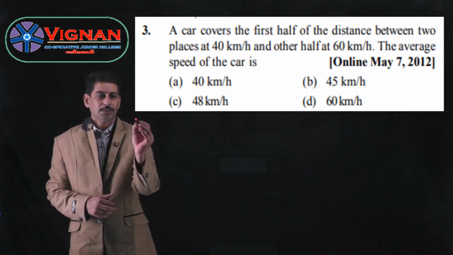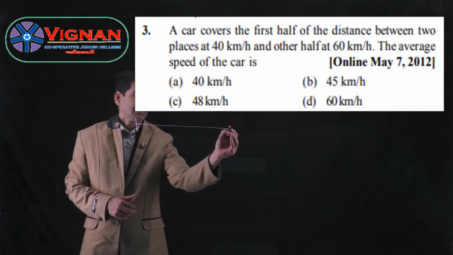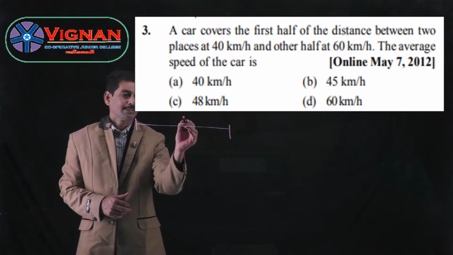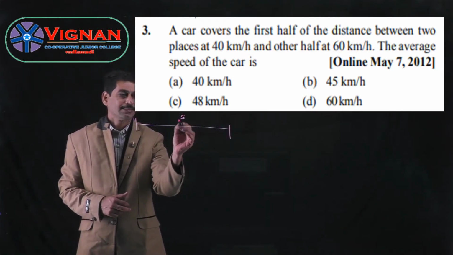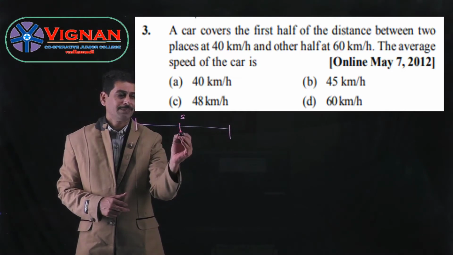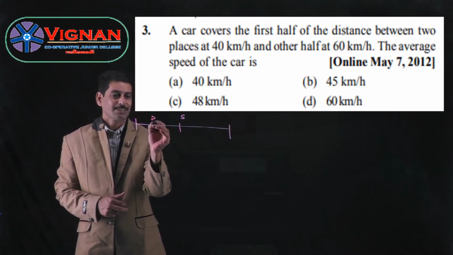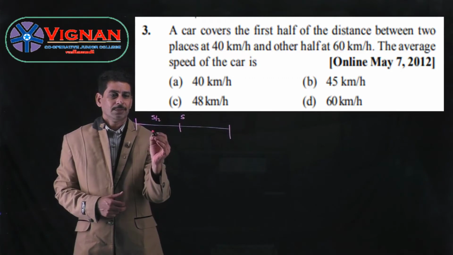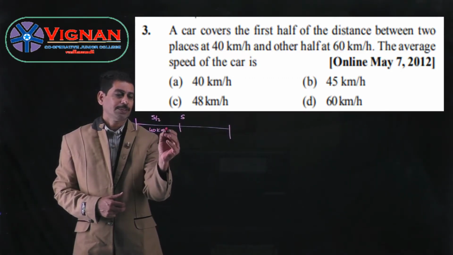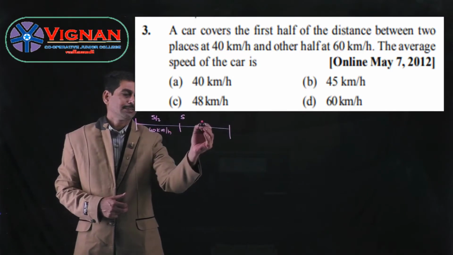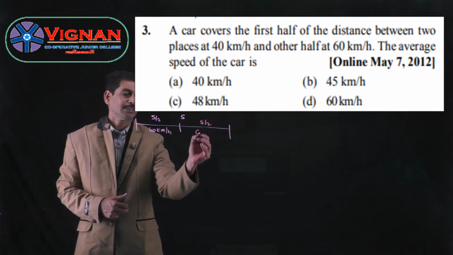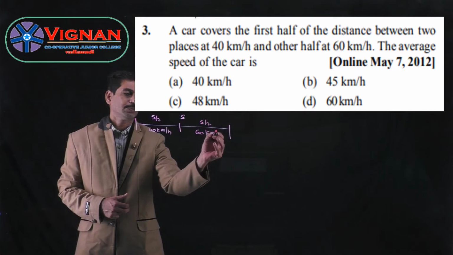So a car covers, so let us consider the total distance as S. So it covers the first half of the distance, this is S by 2, with a velocity of 40 km per hour, and it covers the second half of the distance with a velocity of 60 km per hour.